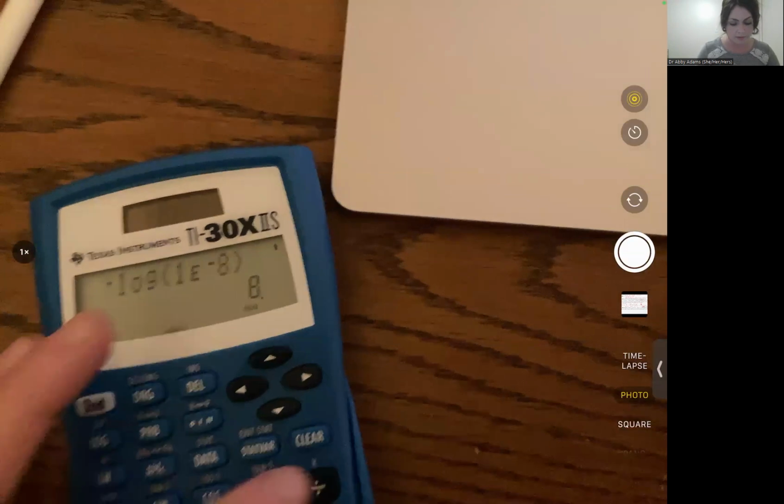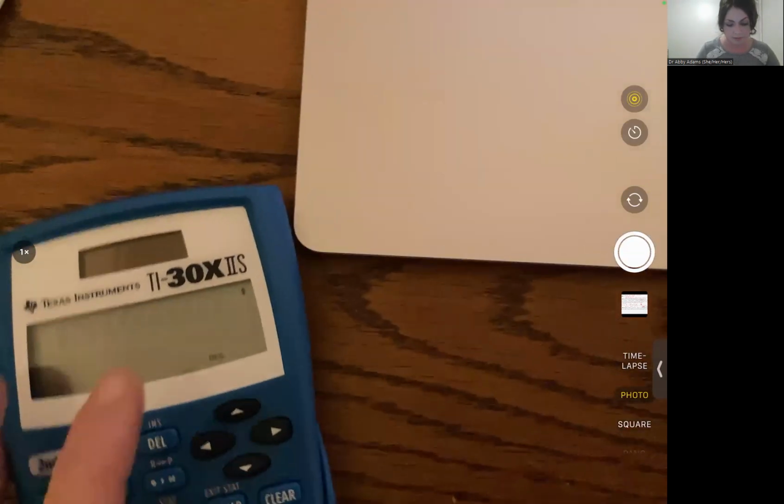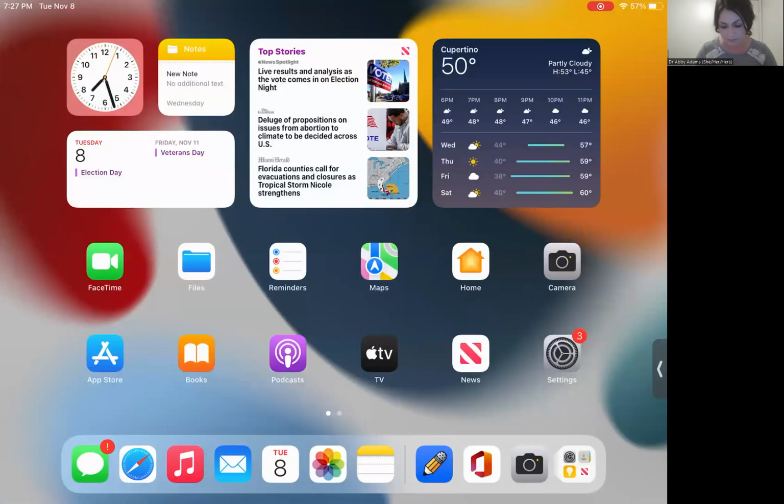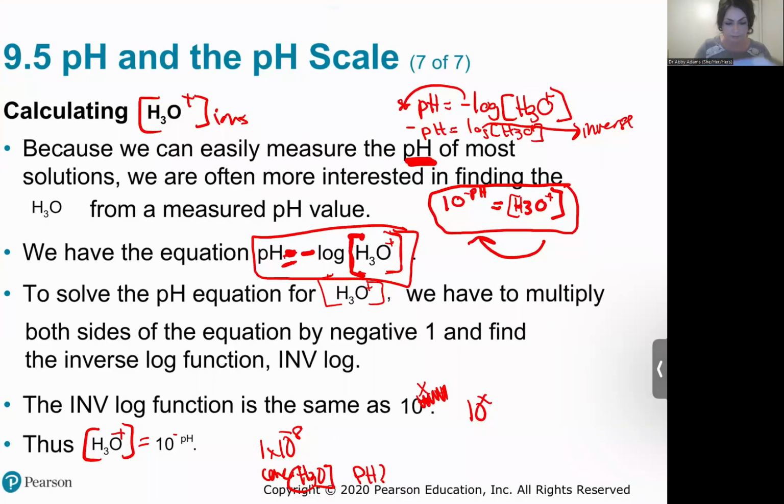All right, we also have our other equation. If we have our pH, how are we going to find our hydronium ions? I'll show you that too. So I found an example.